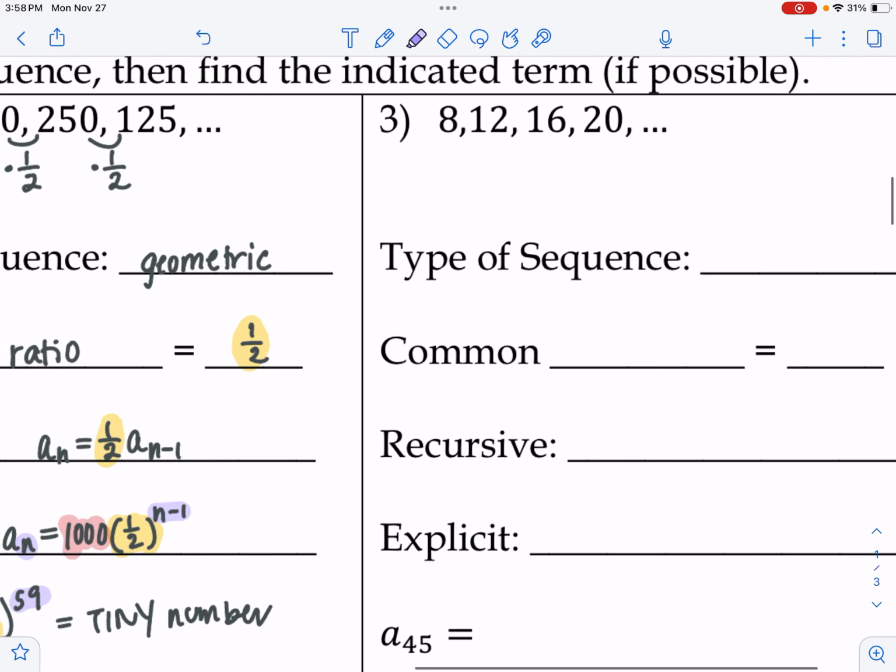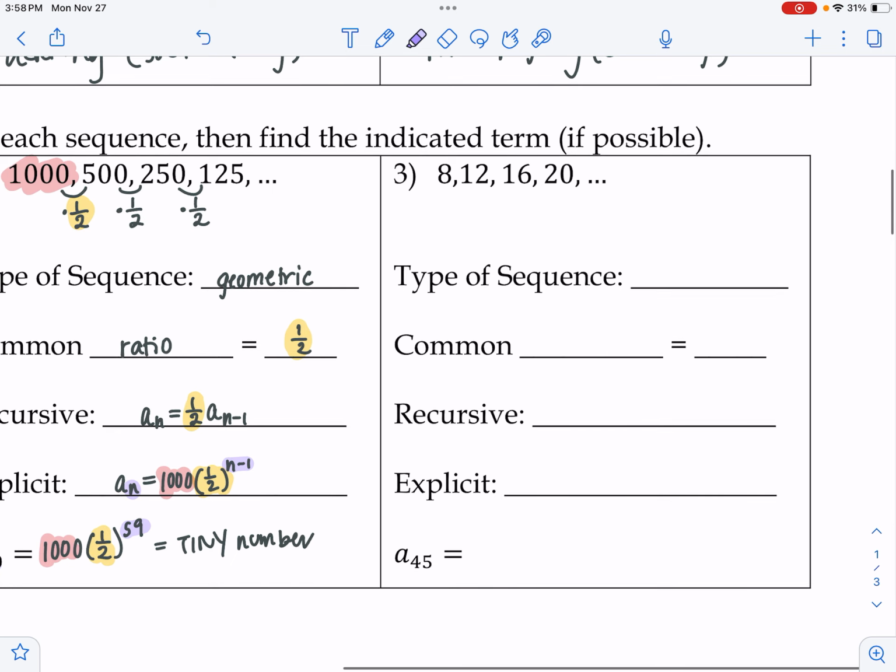Okay, this next pattern, 8, 12, 16, 20, it is adding 4 each time. And so our sequence is arithmetic. Adding is arithmetic. And now we call it a common difference, which in this case is 4.